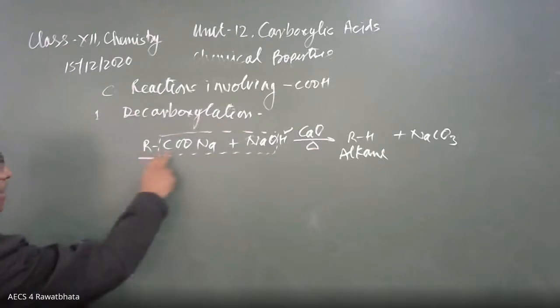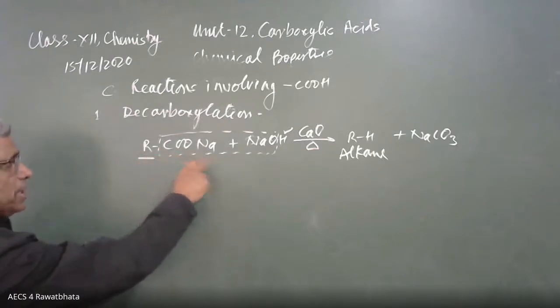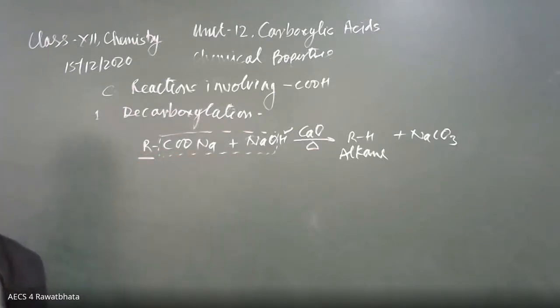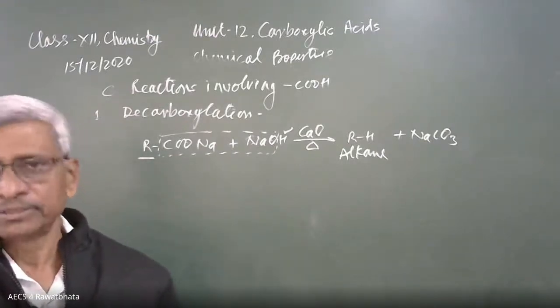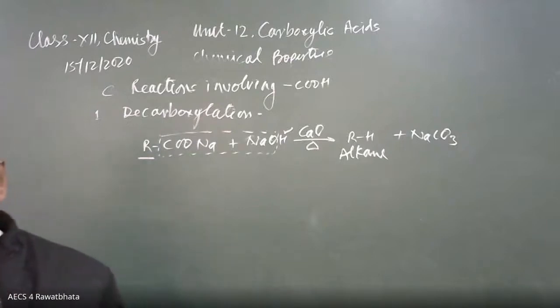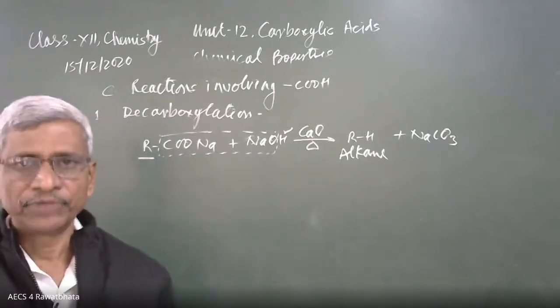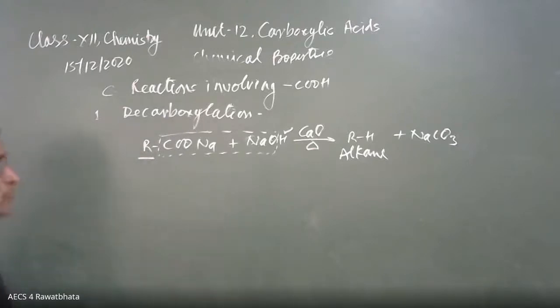Here 2 carbons in the carboxylic acid, its sodium salt is going to form a 1 carbon alkane. So sometimes we use this step for stepping down the series, decreasing the carbon atoms. This can be used as a step down reaction, where the carbon atoms are going to reduce.